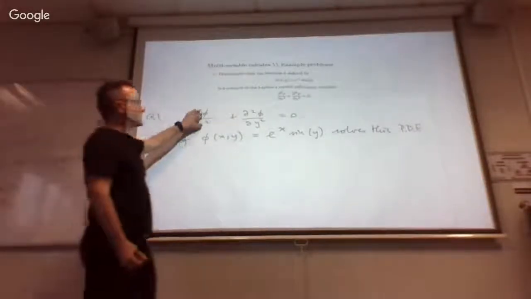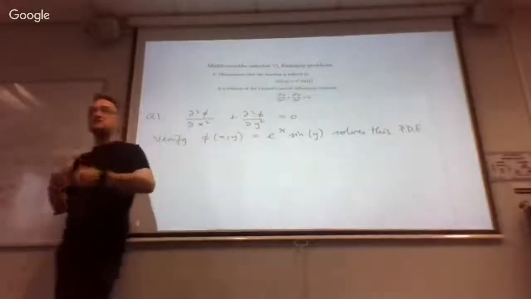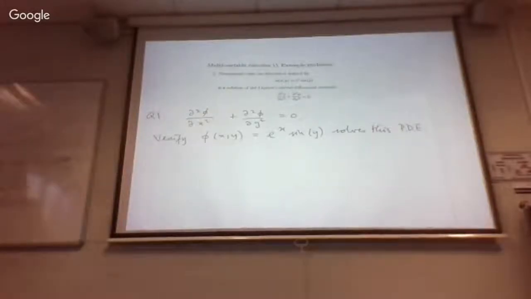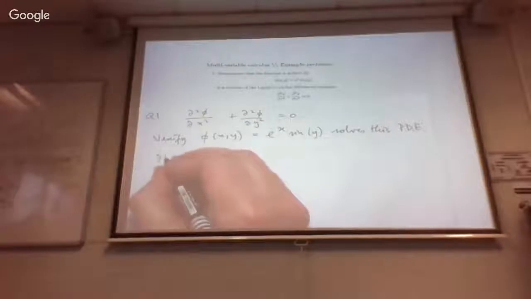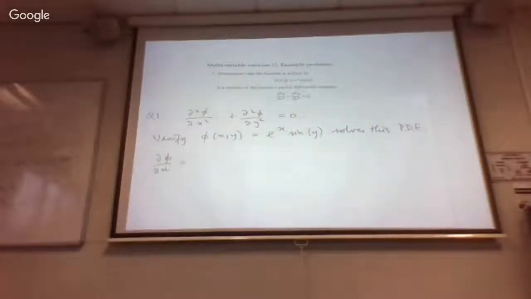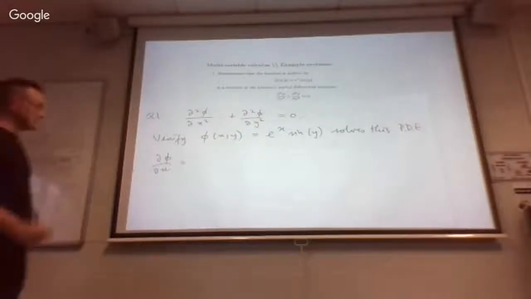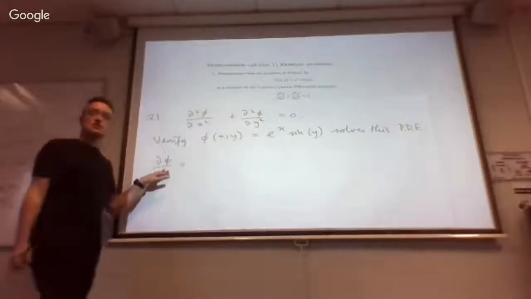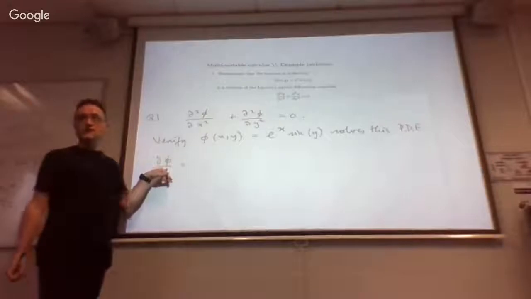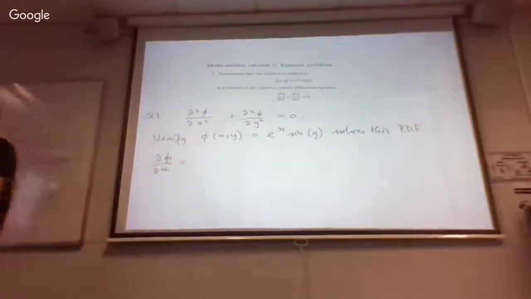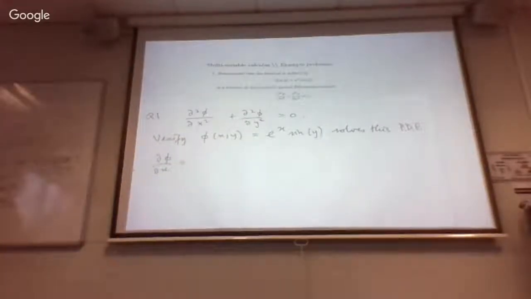What we need to do is work out both of these partial derivatives and just demonstrate that they satisfy the equation. They're both second order partial derivatives, so to get there, you first need to work out the first order partial derivatives. So the first order partial derivative, the derivative with respect to x of phi of xy, we use the principle.